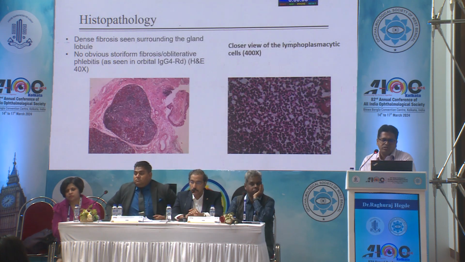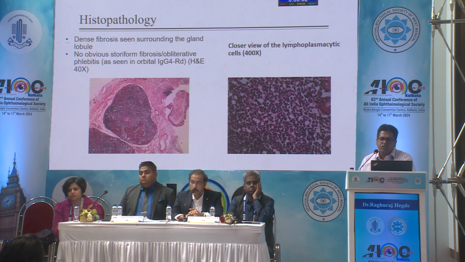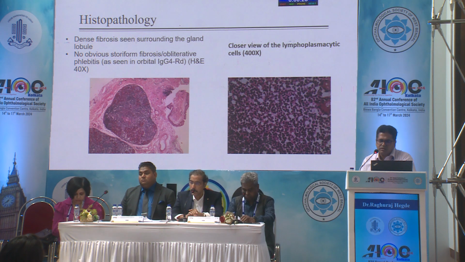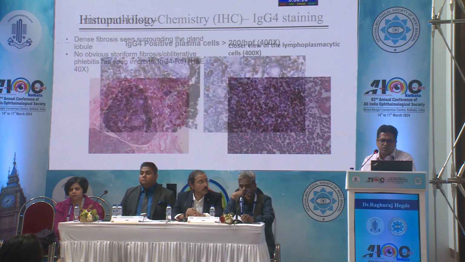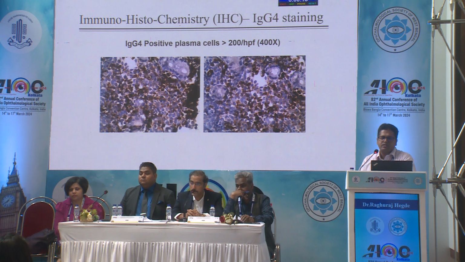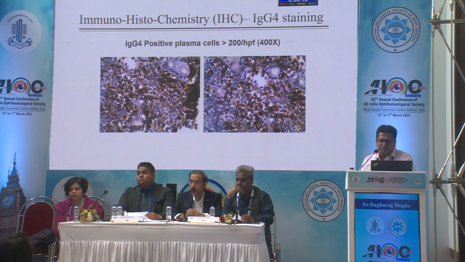On histopathology, there was no classical storiform fibrosis or obliterative phlebitis. But on closer view, there was extensive lymphocytic infiltration, mild fibrosis, and also plasma cell and lymphocytic infiltration into the tissue. Immunohistochemistry confirmed IgG4 positive staining, satisfying the criteria. You only need 50 per high power field, but here it was 200 at 400x.